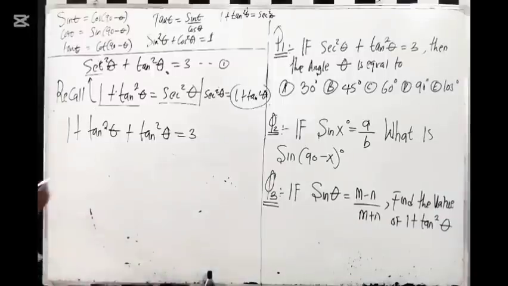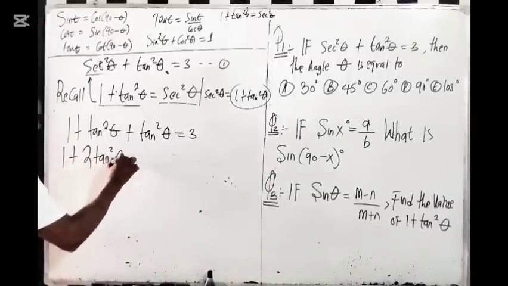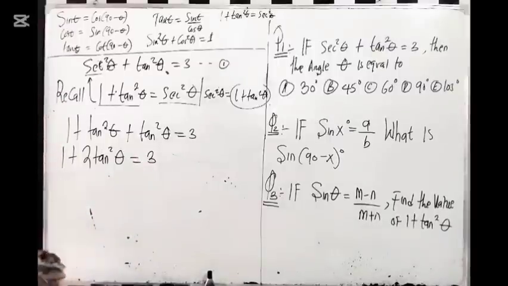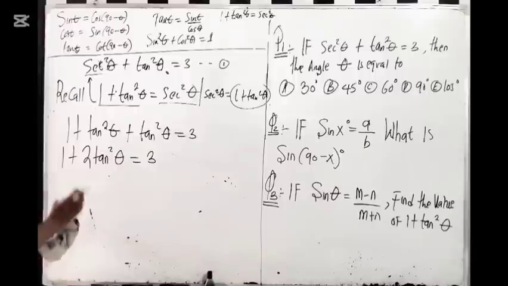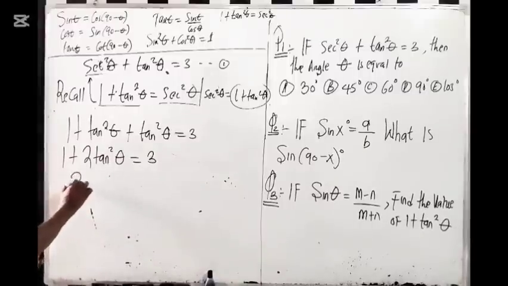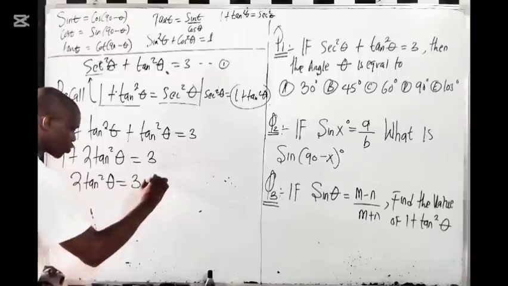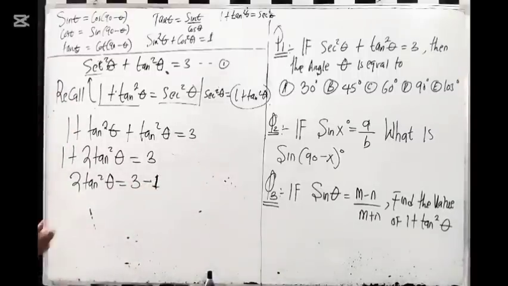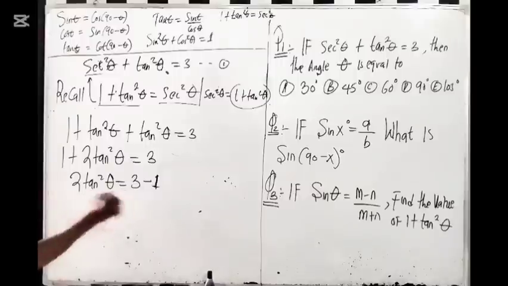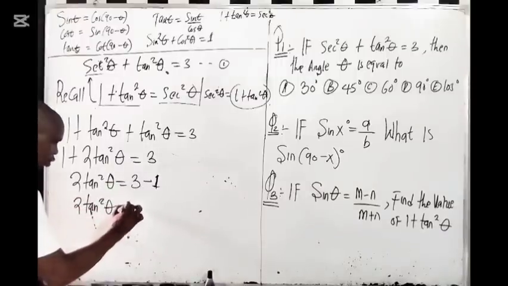So from here it's going to be 1 plus 2 tan squared theta equals 3. Let's carry the 1 to the other side. What are we going to get? 2 tan squared theta equals 3 minus 1. So 3 minus 1, what are you going to get? It's going to be 2 tan squared theta equals 2.